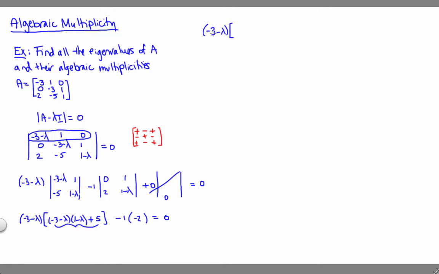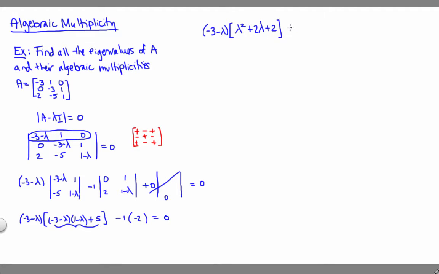We've got minus 3 minus lambda times, inside the brackets we've got lambda squared. We've got a plus 3 lambda and a minus lambda gives us plus 2 lambda. And for the constants, we've got a minus 3 plus the 5 gives us plus 2.